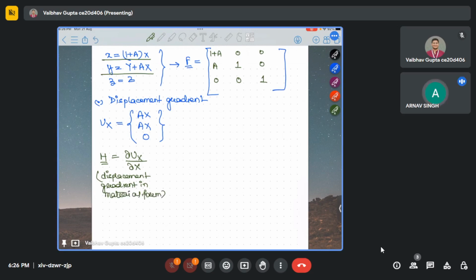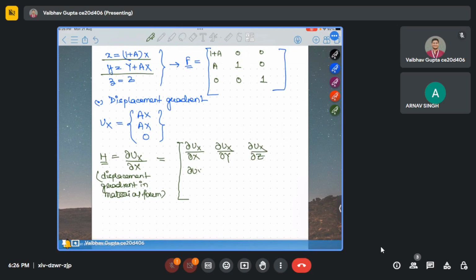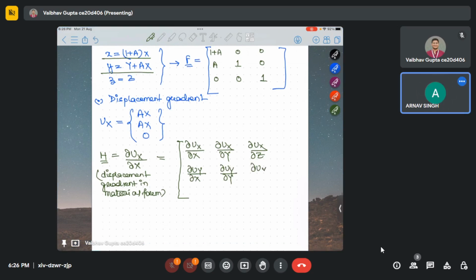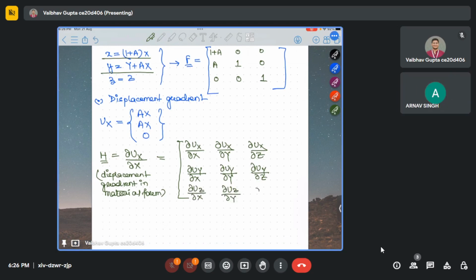What is the formula for this? Dou U by dou X. Are you able to understand till now? Okay, this is the formula.